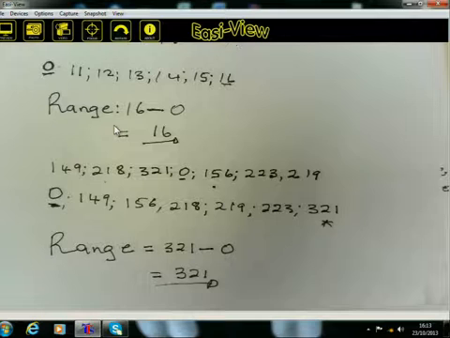The fourth one was the range. Again, this is very important, that you always know what to do. And if you know what to do, it will be good for us to answer all the questions.